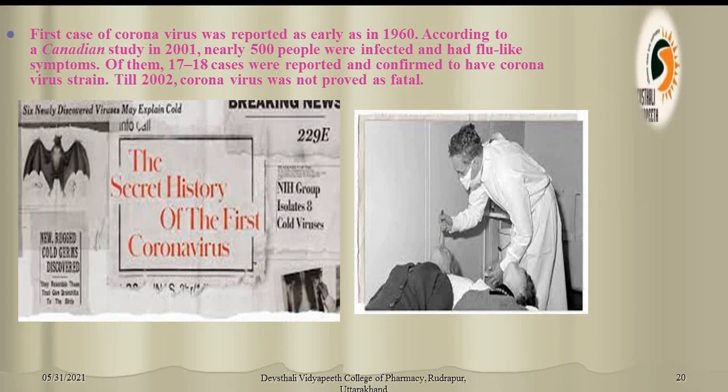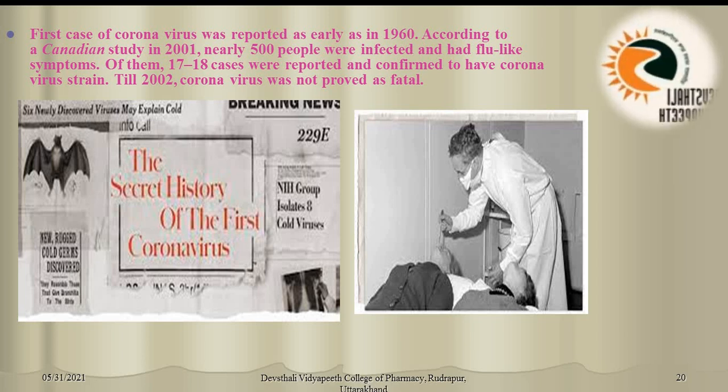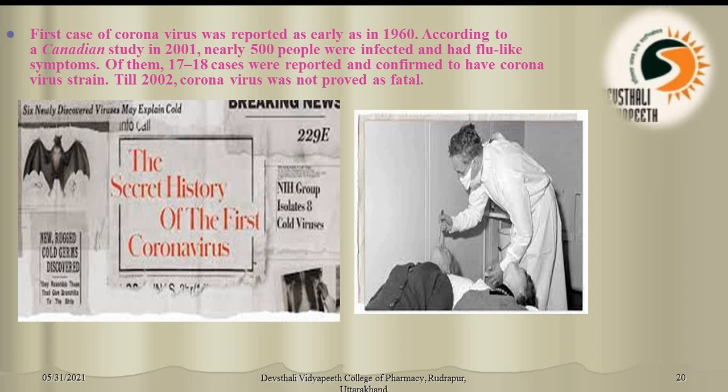Coronavirus pathogenesis. Looking into the initial history of coronaviruses, the first case was reported in 1960, and according to a Canadian study in 2001, nearly 500 people were infected and had just flu-like symptoms, and about 17 to 18 cases were confirmed to have a coronavirus strain.